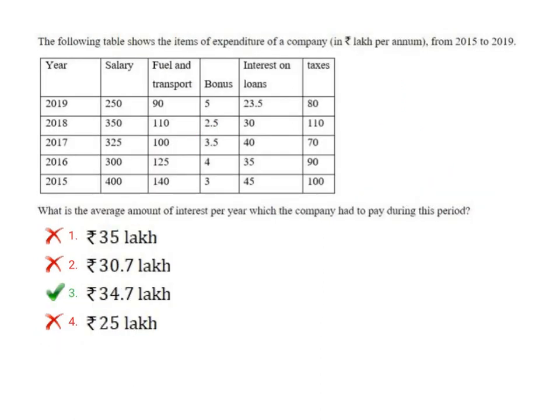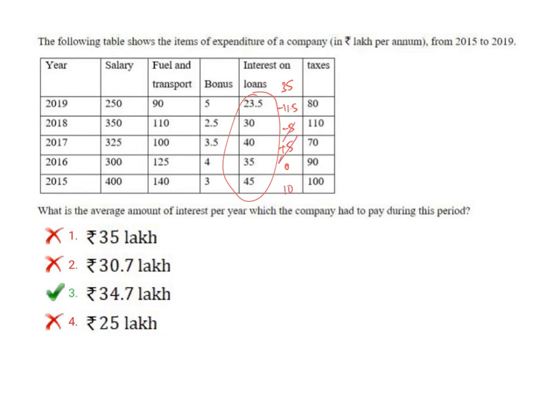The following table shows the items of expenditure of a company in lakh per annum from 2015 to 2019. He is asking what is the average amount of interest per year which the company had to pay during these years. So interest on loans is given. So assume that the average interest, assumed mean, is 35. If I assume it as 35, subtract this 35 from each and every observation. 11.5, this is minus 5, this is plus 5, 0 and plus 10.